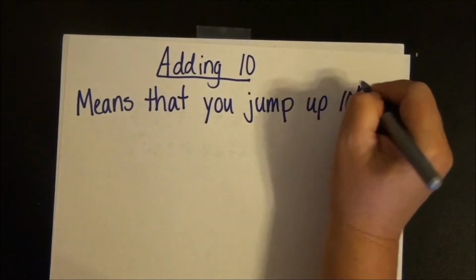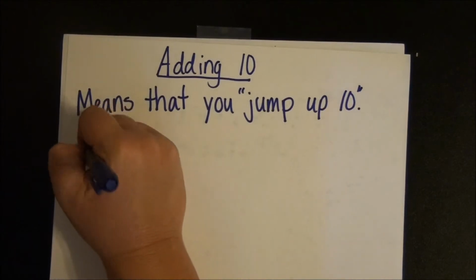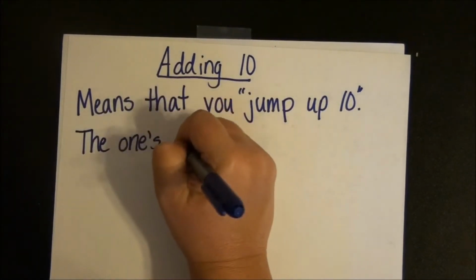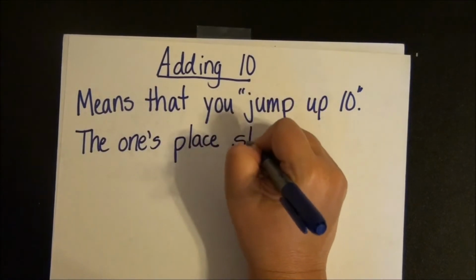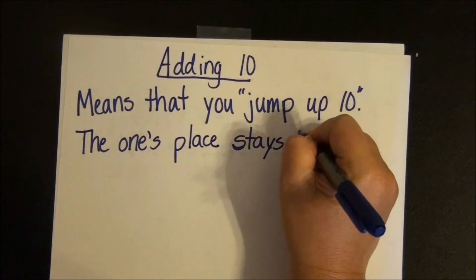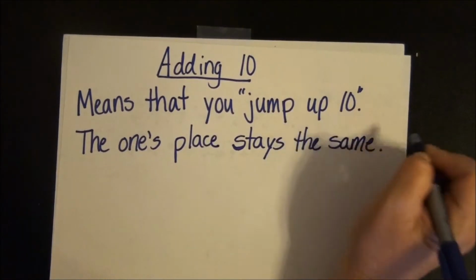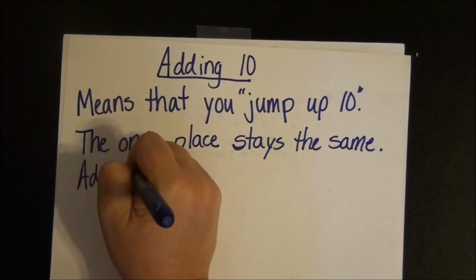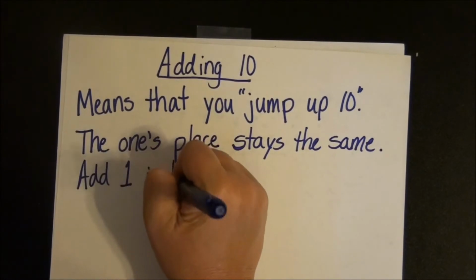I'm going to put this in quotes. Jump up 10, because that's something we're going to use. So the ones place stays the same. And just add 1 in the tens place.